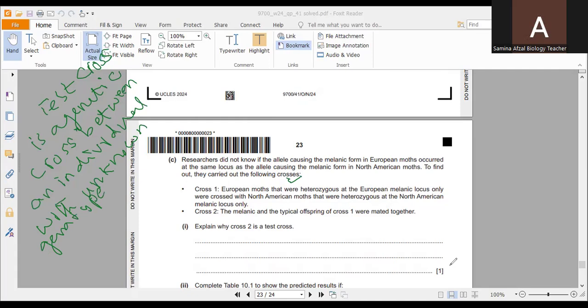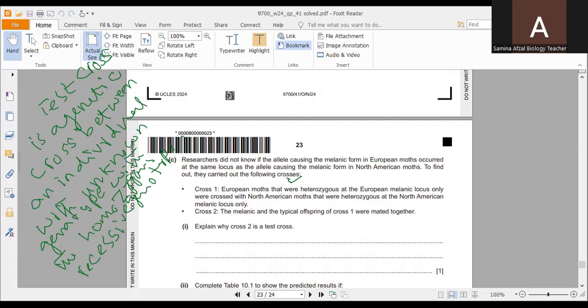and the homozygous recessive. Homozygous dominant and homozygous recessive.